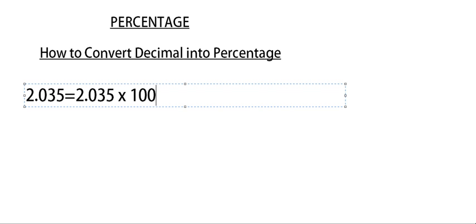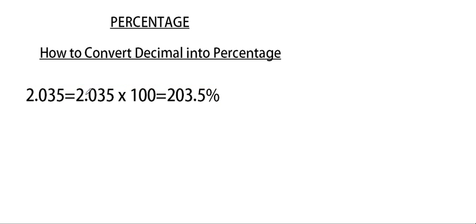Now along with 1 you have 2 zeros, so just place the decimal 2 places towards your right. I will show you how I have placed the decimal 1, 2. So it becomes 203.5%.